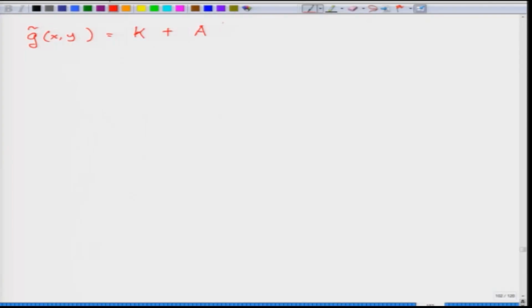plus A times x minus x naught square, plus 2b times x minus x naught into y minus y naught, plus c times y minus y naught square.